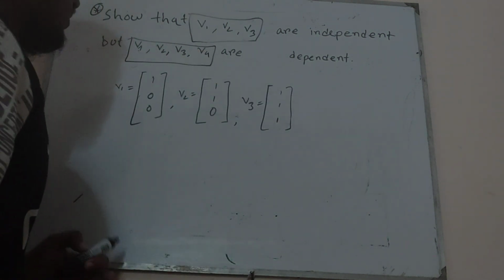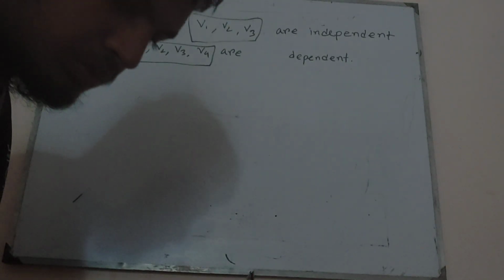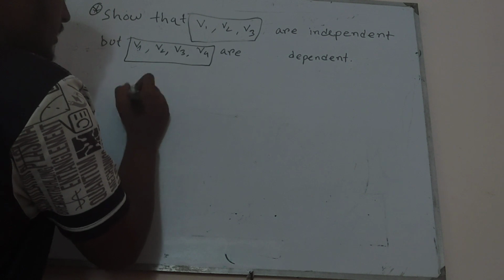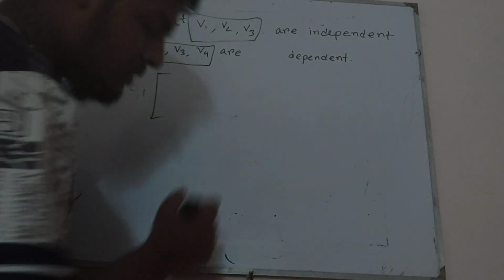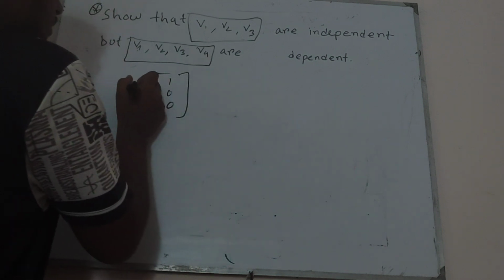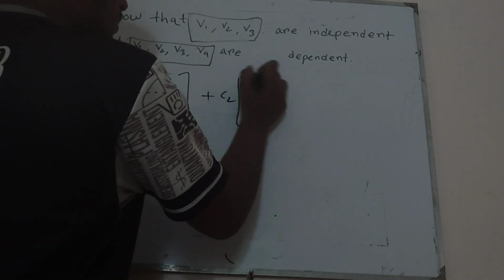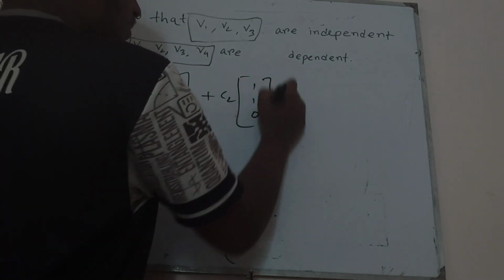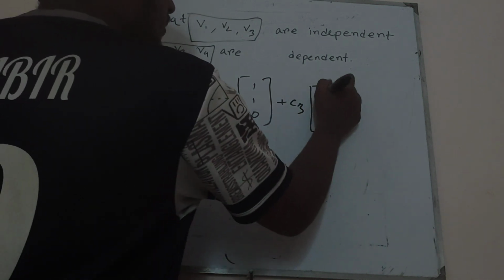Then it looks like C1 times (1, 0, 0) plus C2 times (1, 1, 0) and C3 times (1, 1, 1).